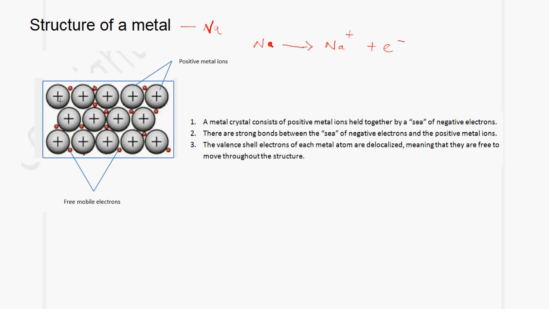So the positive ions in this case would be sodium, and these red dots represent the free electrons. So each sodium atom produces one sodium ion and one electron, and these electrons are free to move throughout the structure. And it is this sea of electrons that bonds, or there's an attraction between the sea of electrons and the positive ions, and this is called metallic bonding.